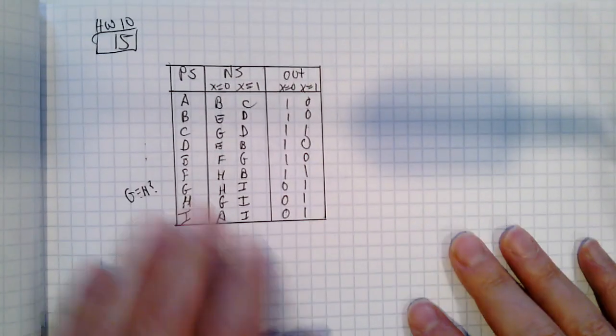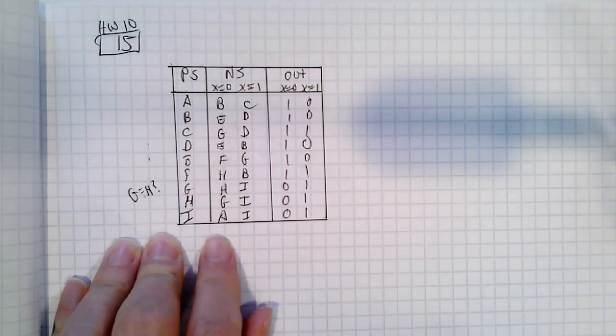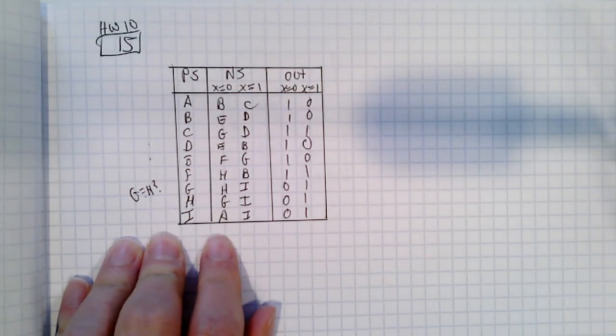Here's an interesting one. What happens if you look at 15 and he says, given the state transition diagram, reduce the number of states using row matching.